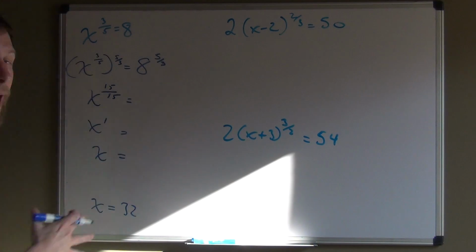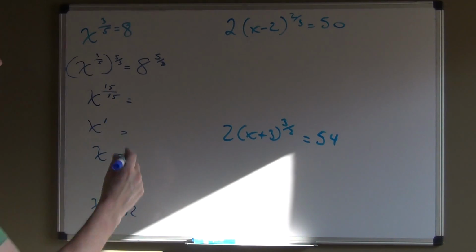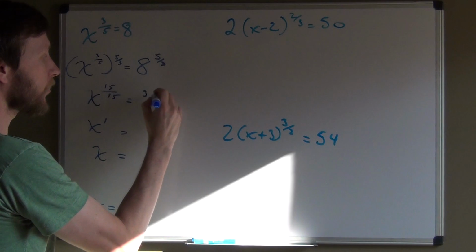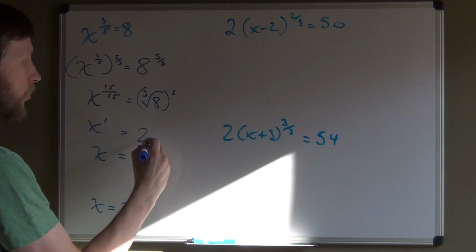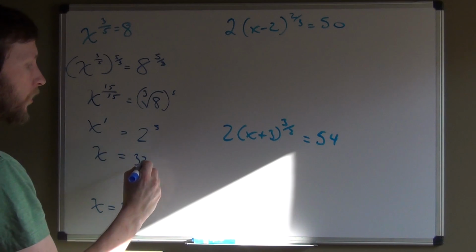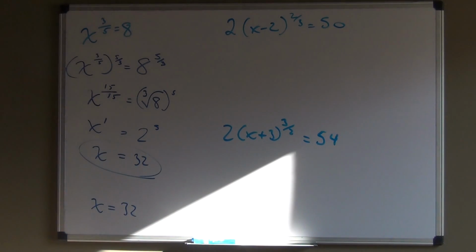On the right-hand side, however, we understand that this is the cube root of 8 to the fifth, or 2 to the fifth, or 32. So the work can go a whole lot faster if we apply the new skills that we found from section 4 to solving these equations.